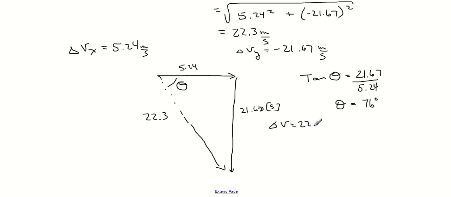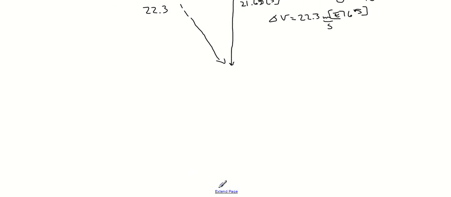So now we have the fact that delta V is equal to 22.3 meters per second, 76 degrees, and because it is east and then 76 degrees south, we'll say east 76 degrees south. Okay? But we're not done.